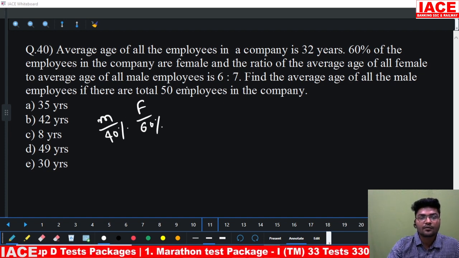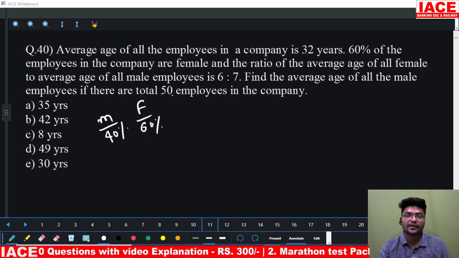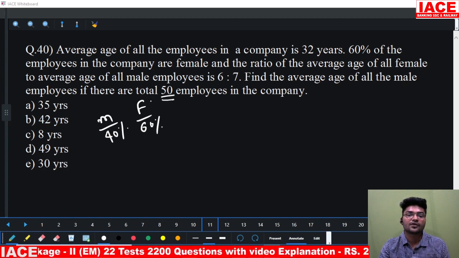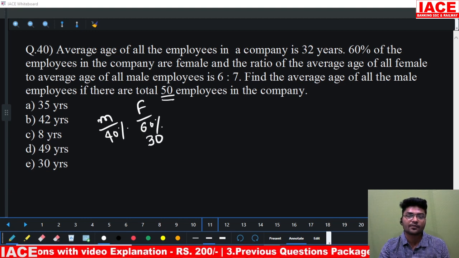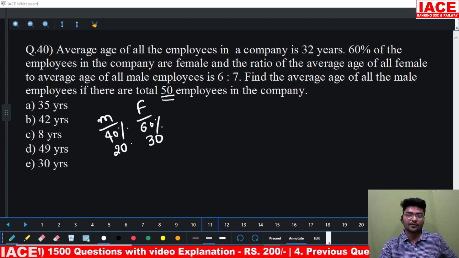I can calculate how many male and female employees because at the end it gives a total of 50 employees. Out of 50 employees, 60% means 30 female employees and 20 male employees. Now coming to the question again.